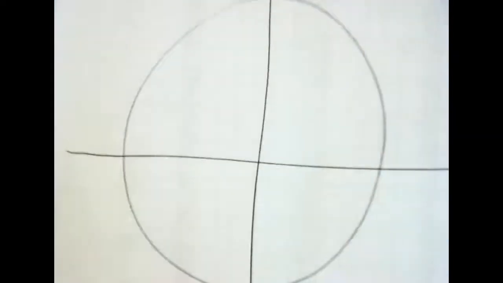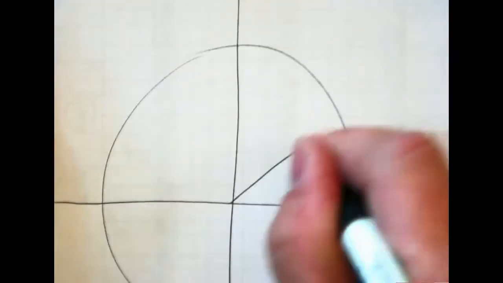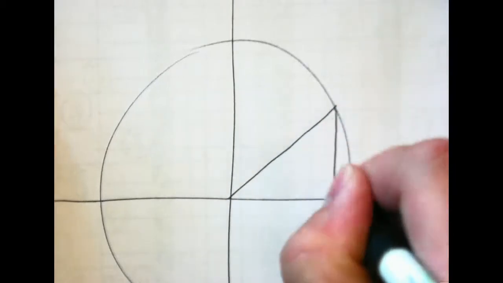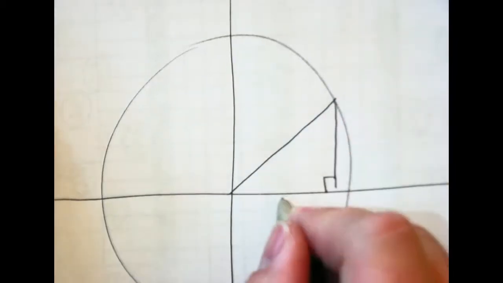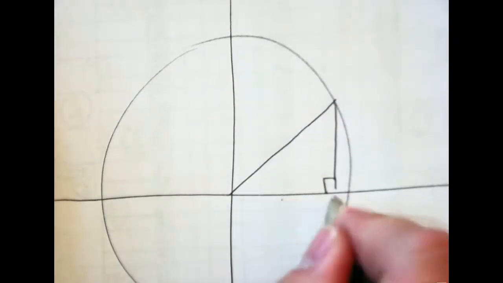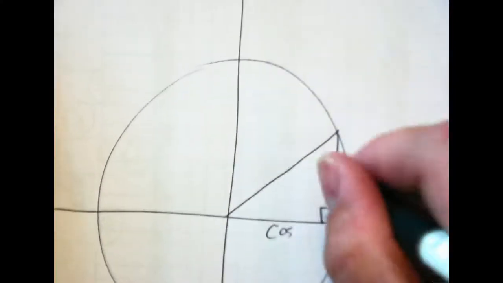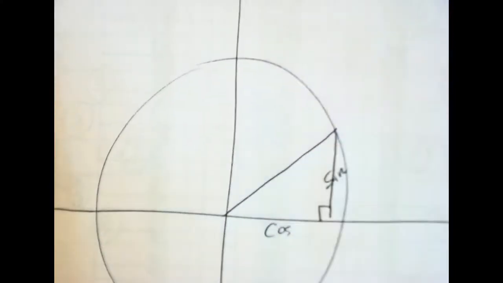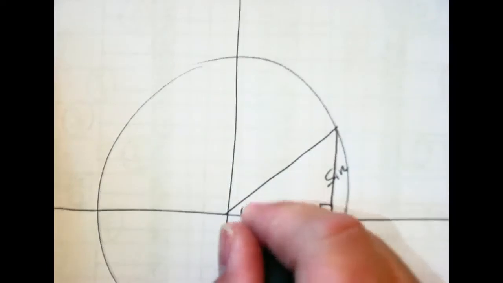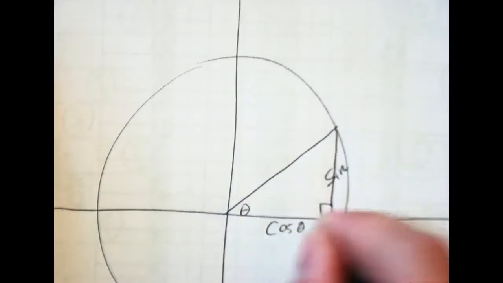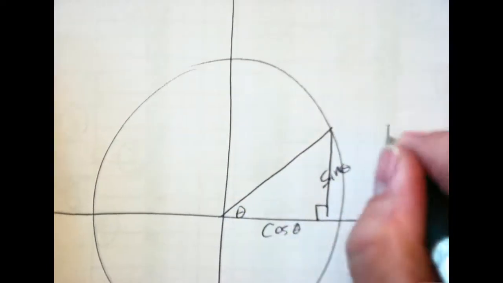All right, unit circle. Right triangle. This length, cosine. This length, sine. That was on your test. Okay? So cosine theta, sine theta, tangent.